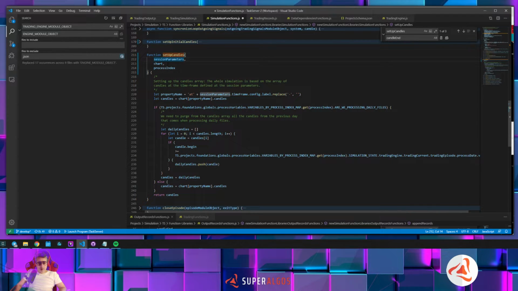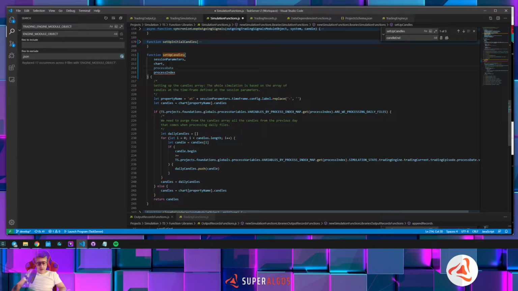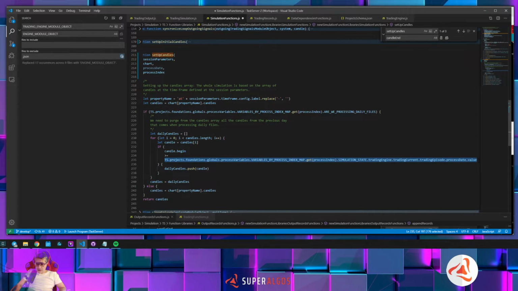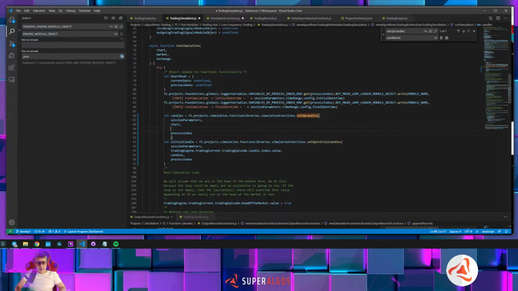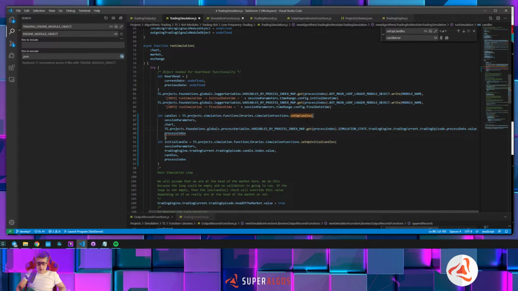And here we will add the process date. And all this long string, we take it from here and put it here.